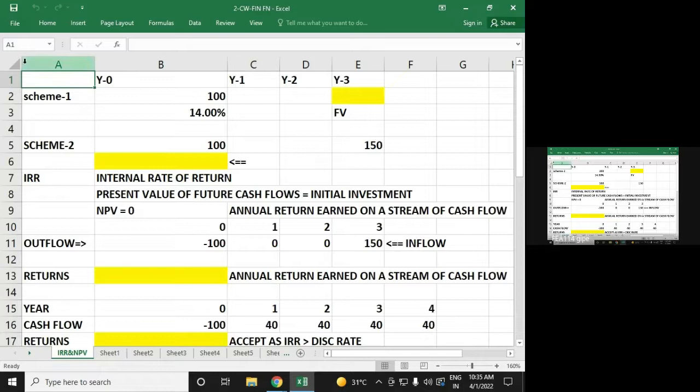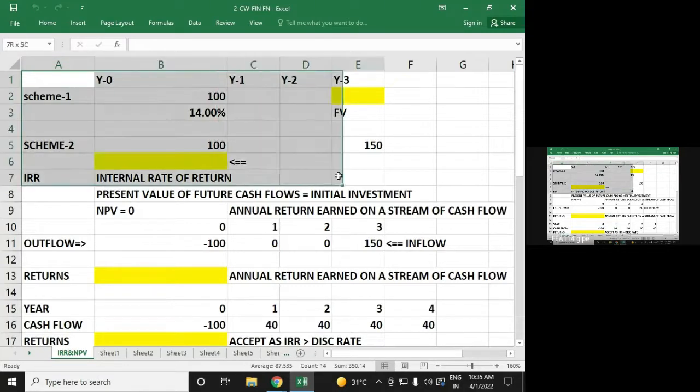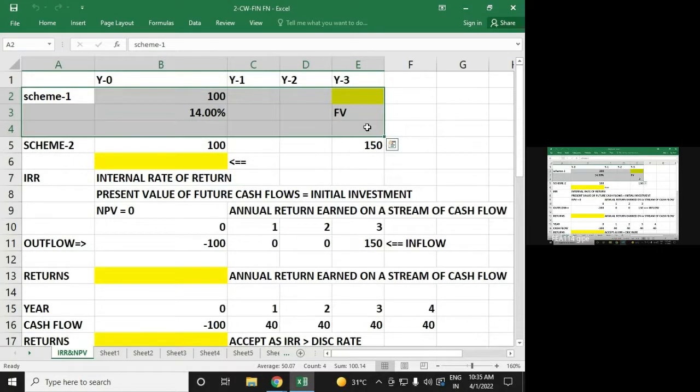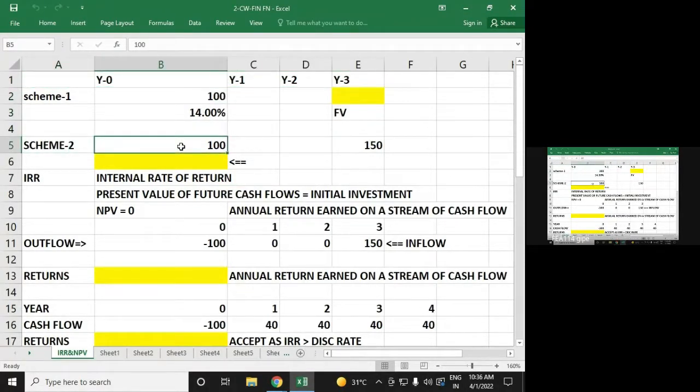So let me explain the theory in the meantime. For example, let us say you have 100 rupees and you have to invest for 3 years, and you go to a bank and the bank gives you 2 schemes. Scheme 1: you will get a 14% annualized return. Scheme 2: you invest 100 rupees today and you will get 150 after 3 years.